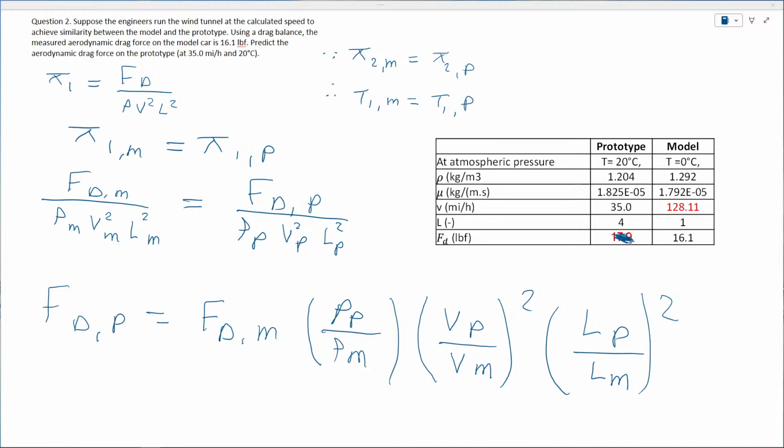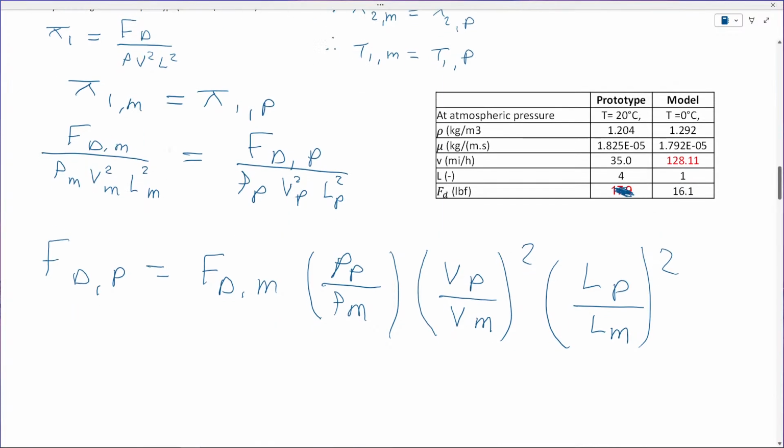So if you did this calculation, you basically just substitute these values.